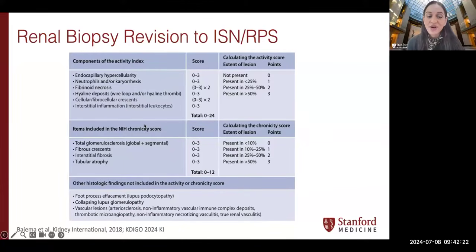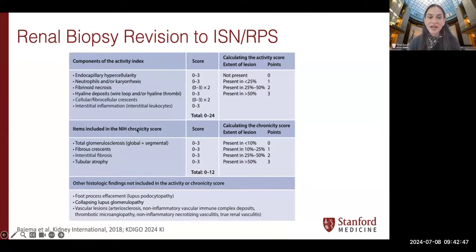And actually before, they didn't even really report out on what was happening chronically. Were there crescents? Was there fibrosis or atrophy, which is chronic damage? And so now there'll be a scoring system of activity, 0 out of 24. There'll be a scoring system of chronicity, 0 out of 12. And so I can look at a patient and it's more helpful. I can see, oh, okay, they have this much activity, this much chronicity.